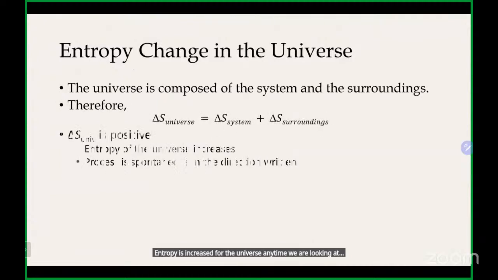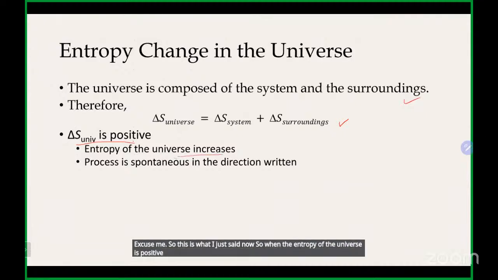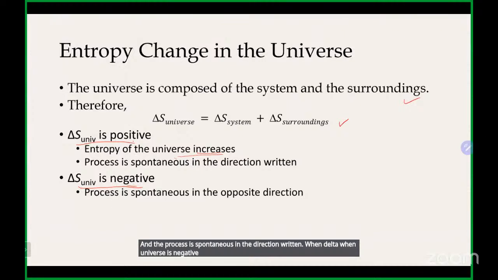So when the entropy of the universe is positive, entropy increases and the process is spontaneous in the direction written. When the entropy of the universe is negative, the process is spontaneous in the opposite direction.